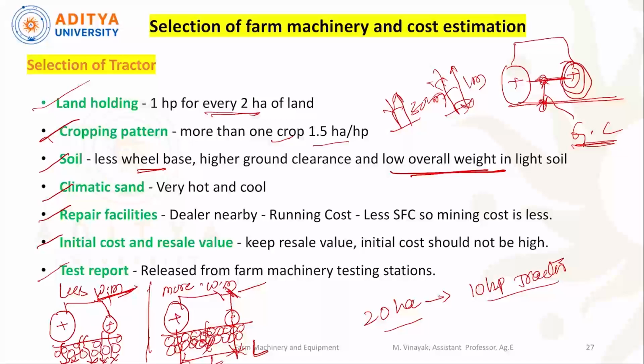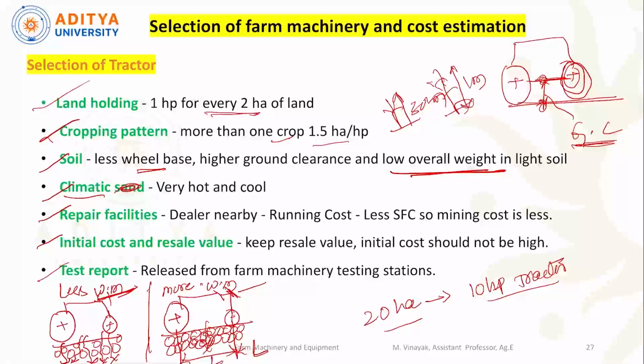Next one is the climatic condition. Coming to the engine, two types of engines are there, water cooled engine and air cooled engine. Most of the desert areas and most of South India can go for the water cooled engine.